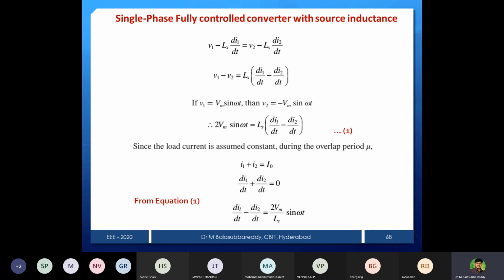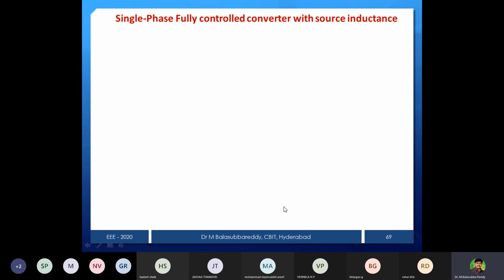And then from equation 1, what can I write? di1 by dt minus di2 by dt is equal to 2 Vm sin omega t by Ls. This is equation 2 and that is equation 1, so you can add them.